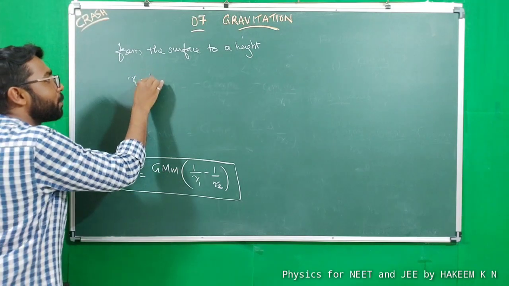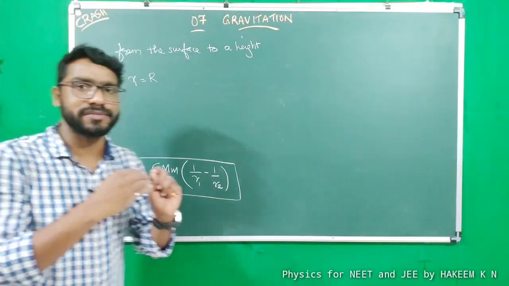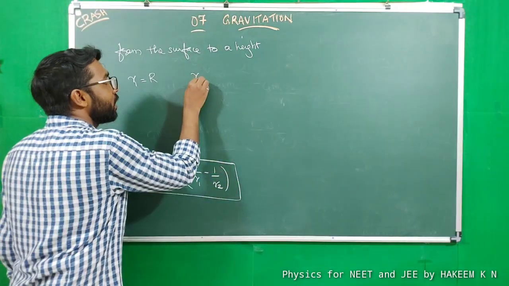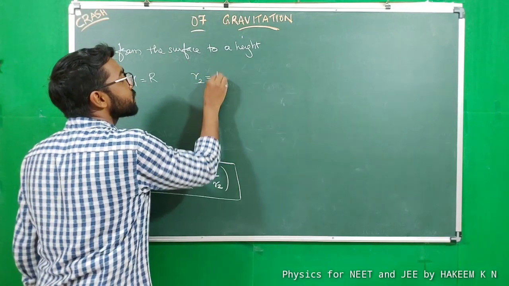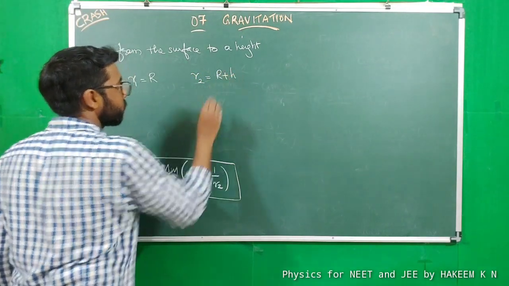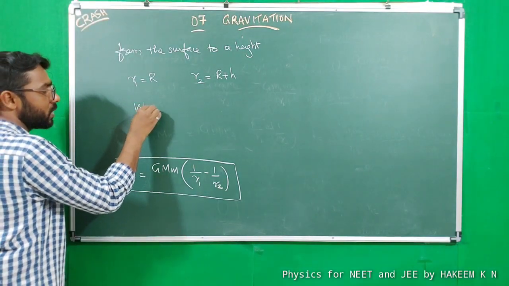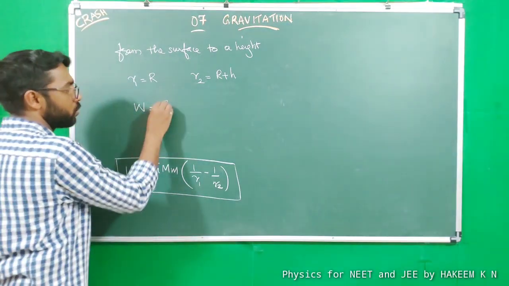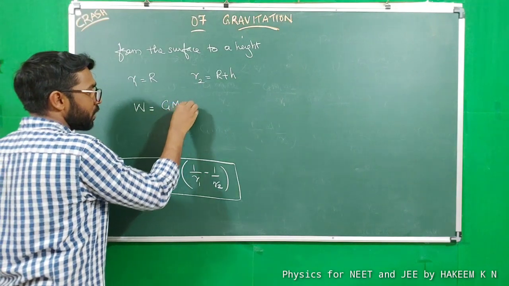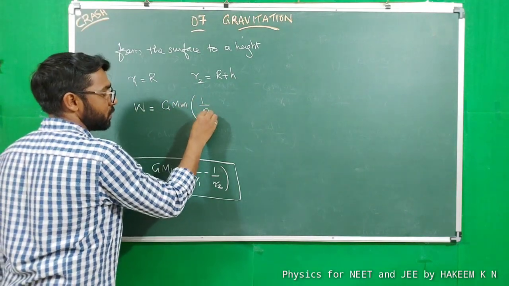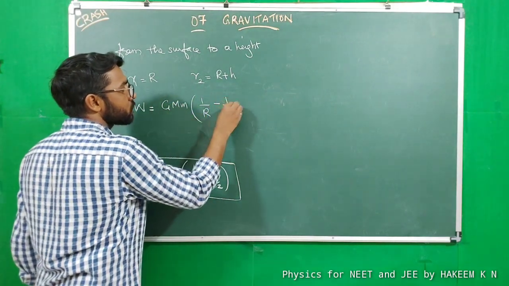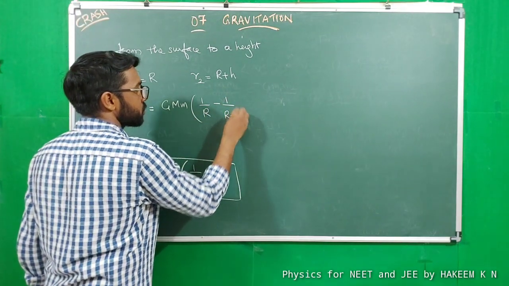R1 will be capital R, because distance from the center we have to take, and at the height the distance is capital R plus h. Then when we are applying this equation, work done or change in potential energy equals GMm into 1 by capital R minus 1 by R plus h.